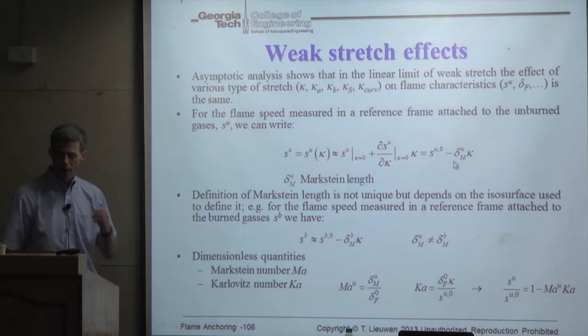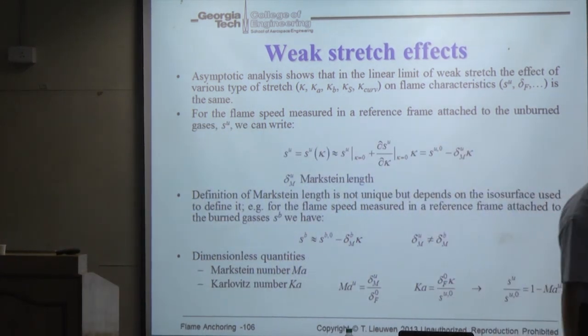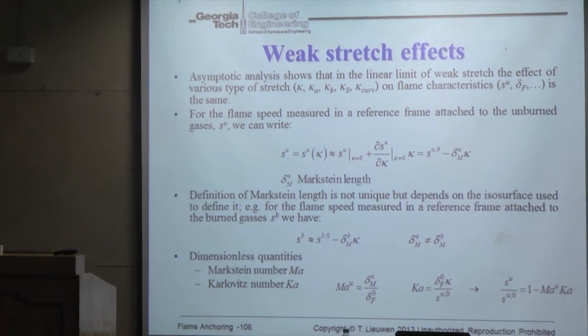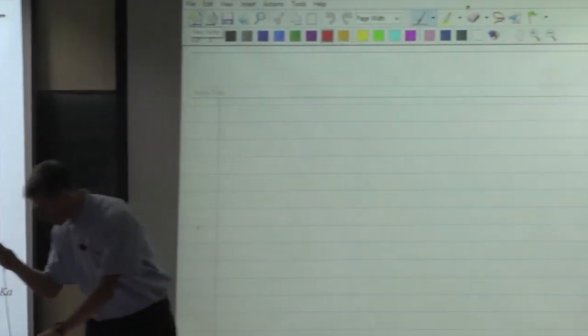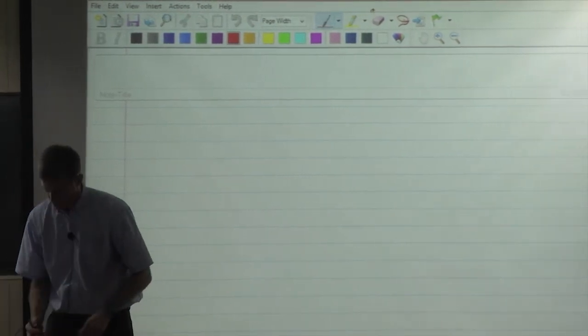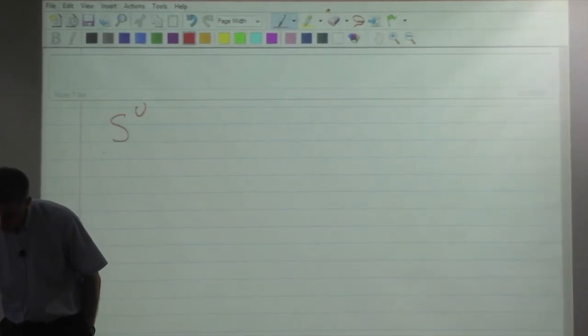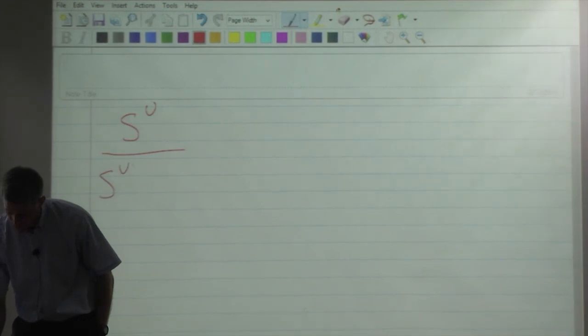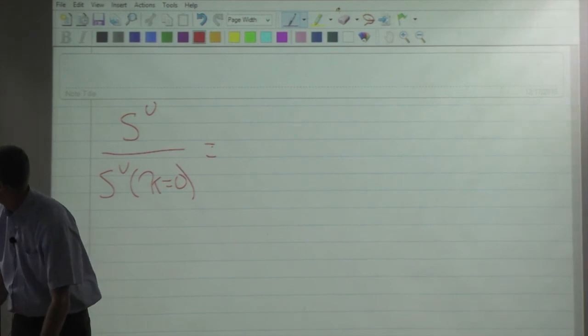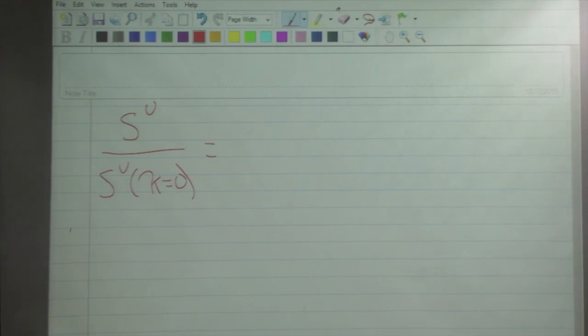But this is oftentimes non-dimensionalized, and the way we do that is we'll normalize everything by its unstretched value. Here I just call that SU superscript naught to denote the unstretched flame speed.